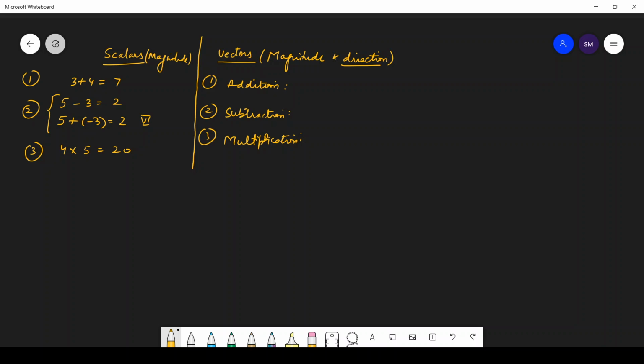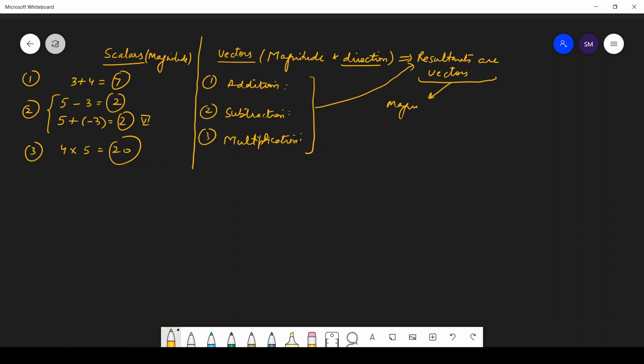The resultant vector after addition, subtraction, multiplication is a vector. So of course the results, as they are vectors, will have two things, magnitude and direction. So this is the difference.